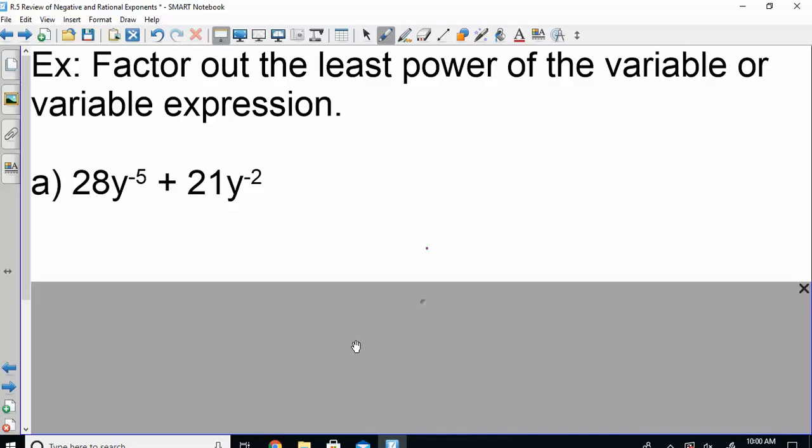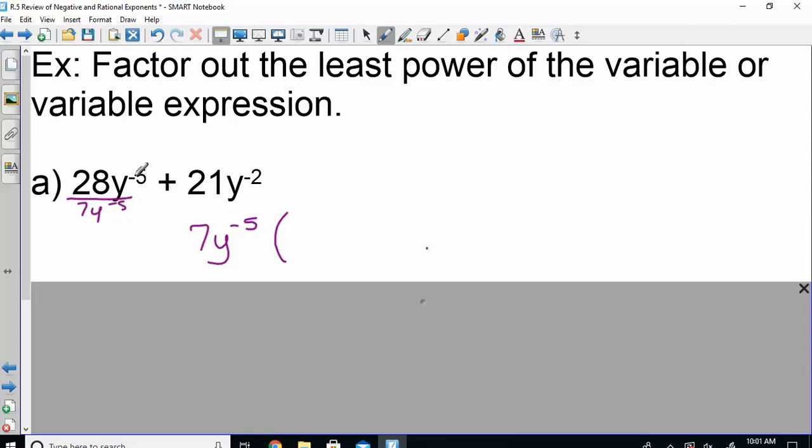So if I'm looking at this, let's talk about the coefficients first. 28 and 21. Yep, those are both divisible by 7, so I can take out a 7. With your y's, with the variable, we always take out the smallest exponent. What is smaller, -5 or -2?